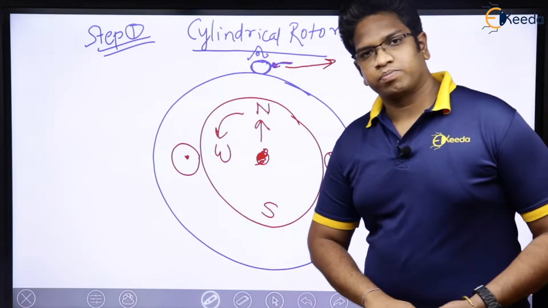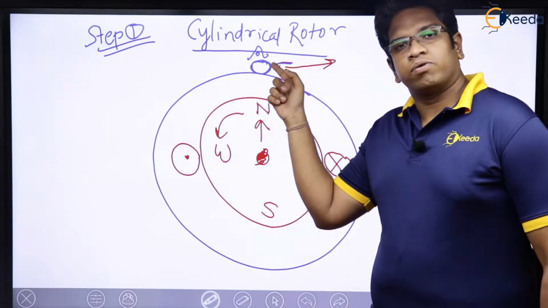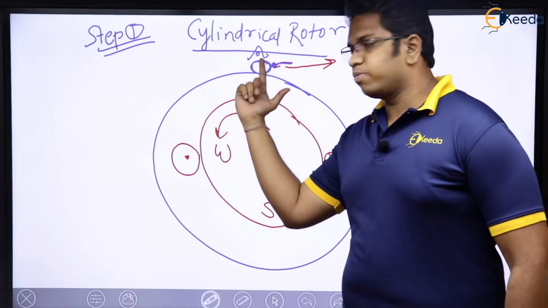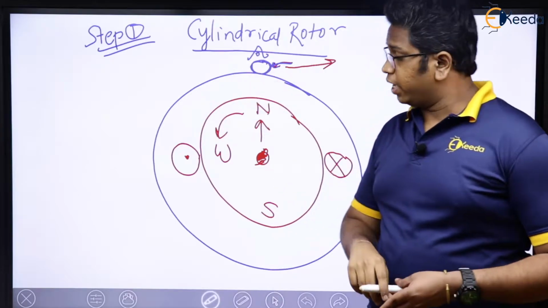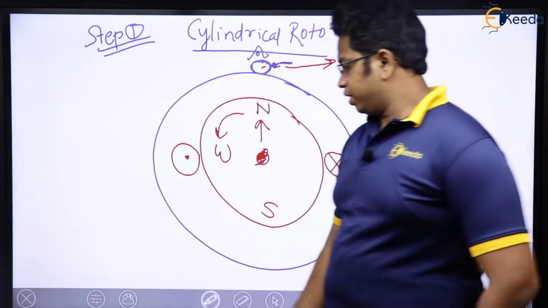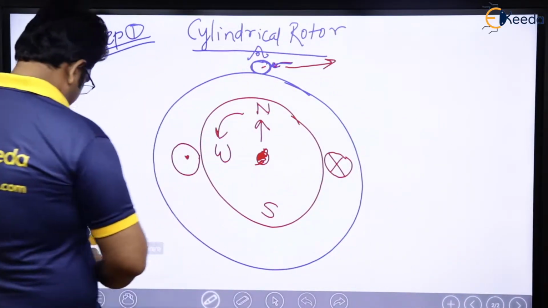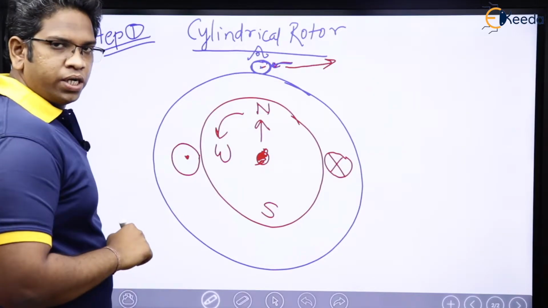So this is going to be the flux, this is going to be motion of the conductor, this is going to be induced EMF. So here I am going to get dot induced EMF, right? Let me have it in blue, dot induced EMF.